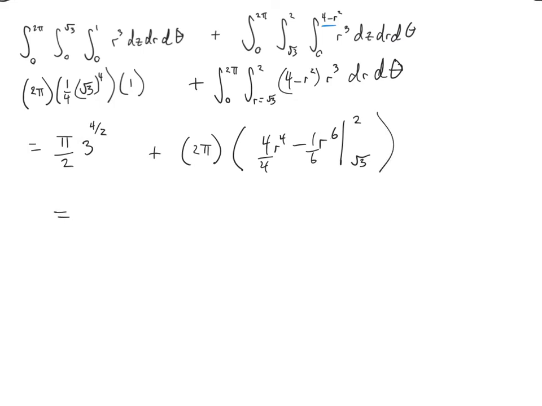So my final answer is 9 halves pi plus 2 pi times 2 to the 4th minus 2 to the 6th over 6, minus the quantity 3 to the 1/2 to the 4th, so that's 9, minus 1/6 times 3 cubed.